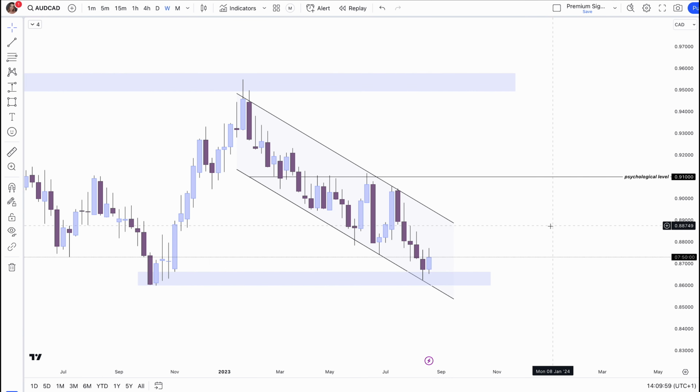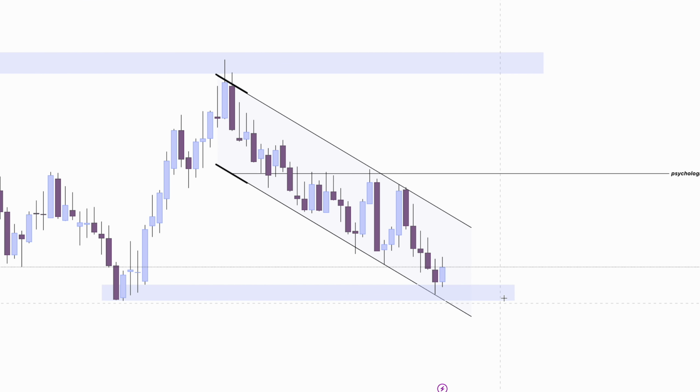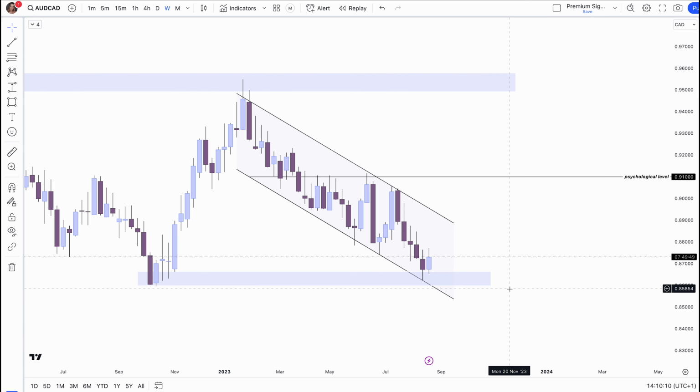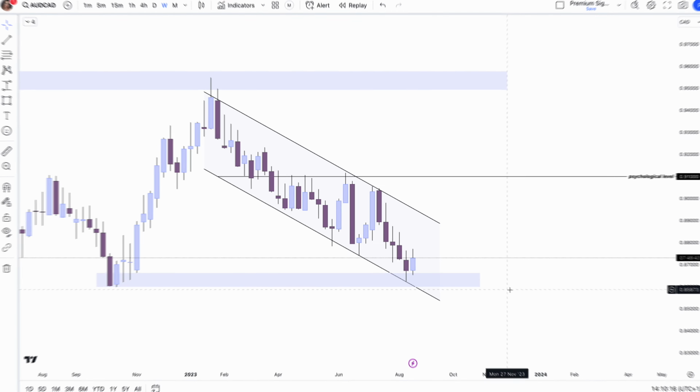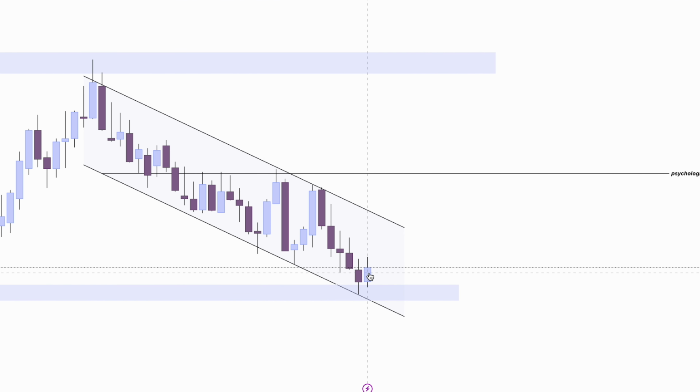Now moving on to the weekly chart, we have a powerful descending price channel which forms during a downtrend. However, this is where things get interesting, because the way I currently see this price action forming is by looking at this weekly candlestick.